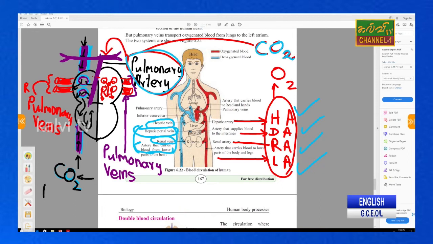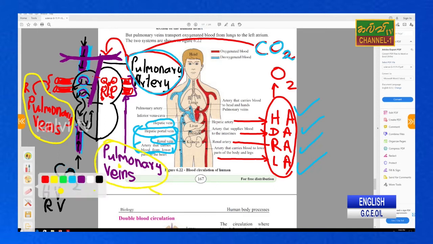But the exception is the pulmonary vein. The name is vein, but it carries oxygenated blood.